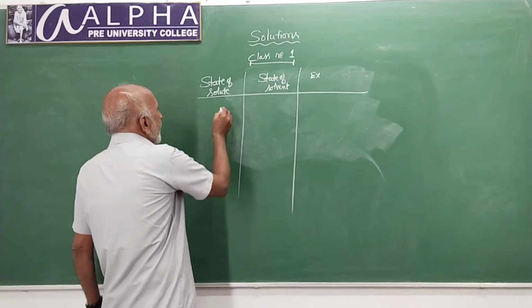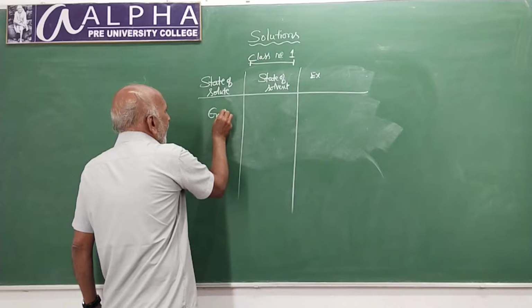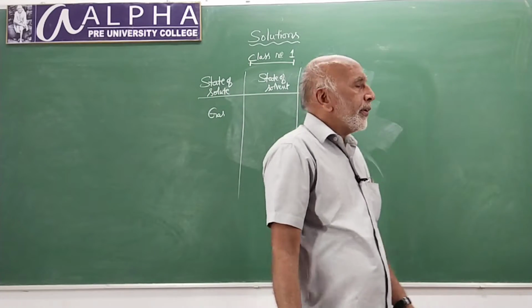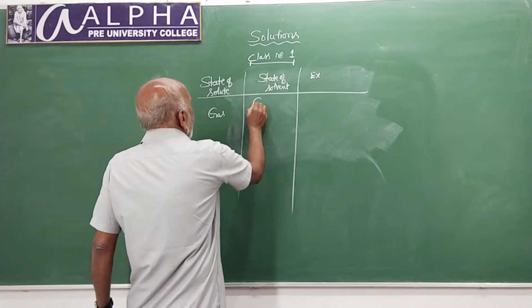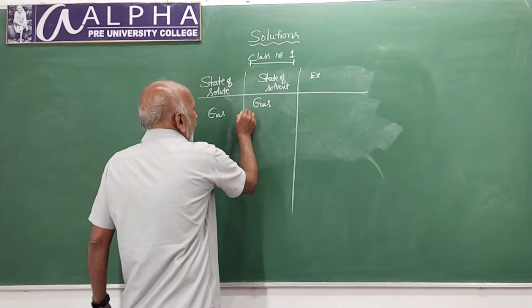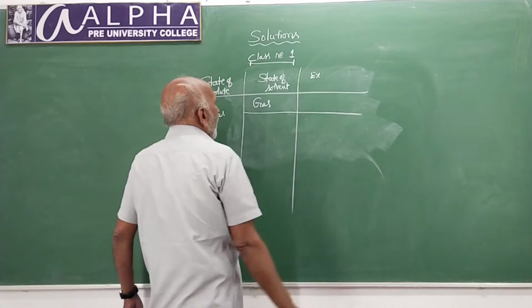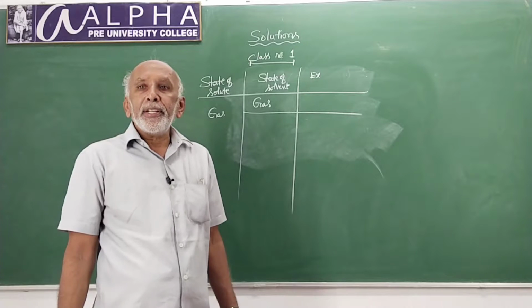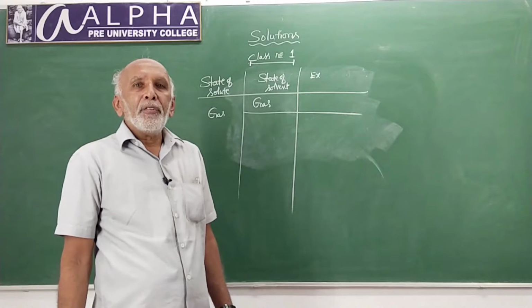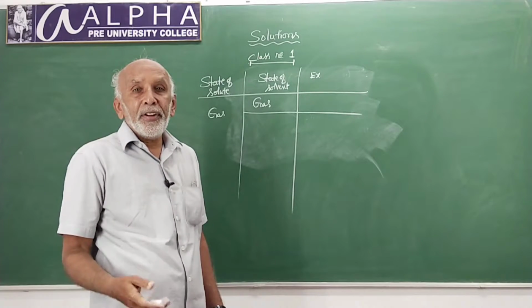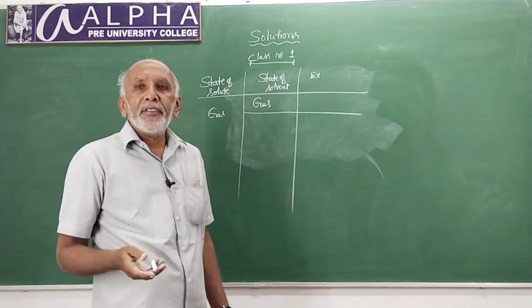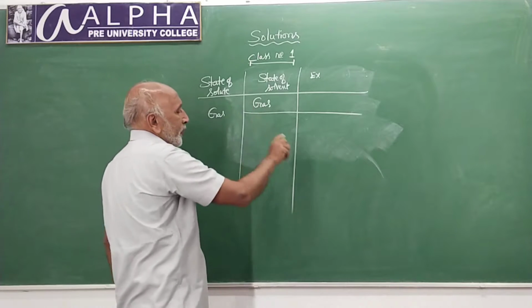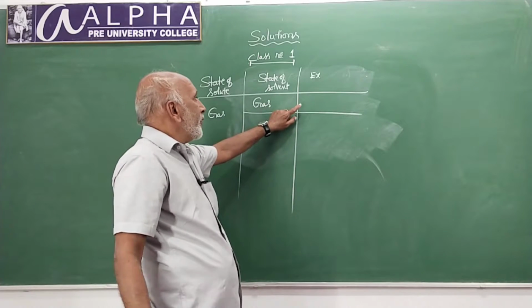If the solute is a gas, gaseous solute dissolved in a gas, that means a gas solution, gas in gas solution. Here one gas is acting as solvent, another gas is acting as solute. Okay, gas solution. What is the state of solution?